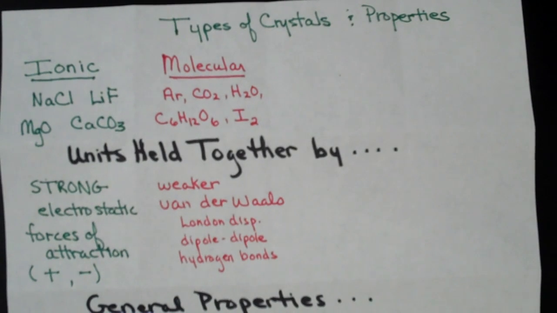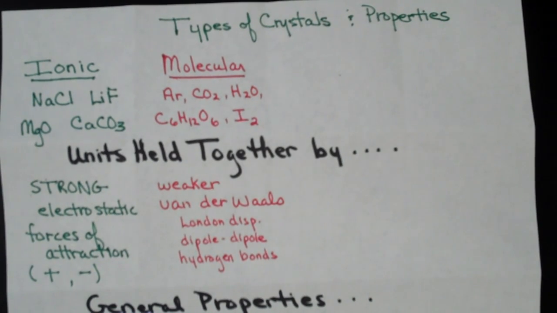Remember, covalent bonds form neutral molecules. So in describing the crystal structure, instead of saying covalent bonds, we say that it is a molecular crystal. You see the examples: argon, carbon dioxide, water in the liquid or in the solid, glucose, sugars, and iodine again.